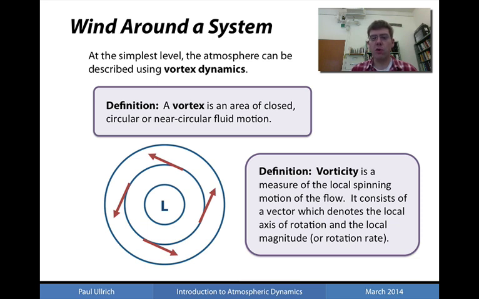By definition, vorticity then is a measure of the local spinning motion of the flow. So it consists of a vector. So remember that vorticity here is a vector field and not a scalar quantity. And it denotes the local axis of rotation and the local magnitude of rotation, or the rotation rate about that axis.